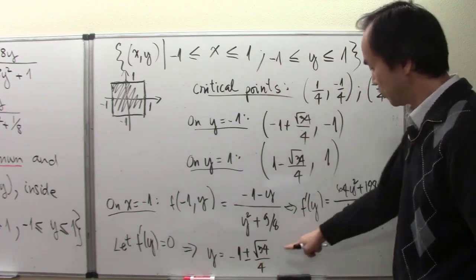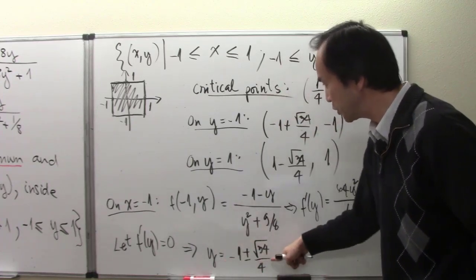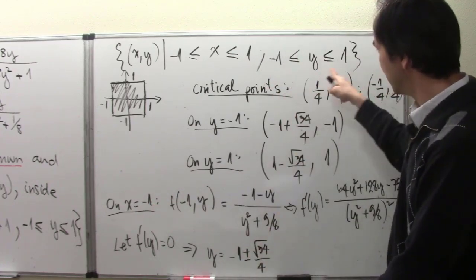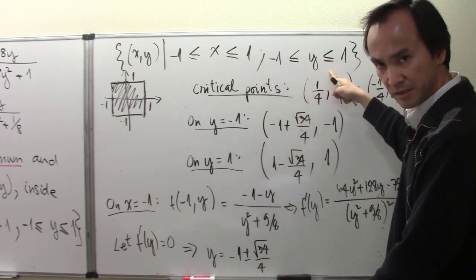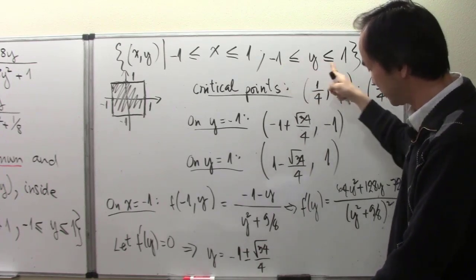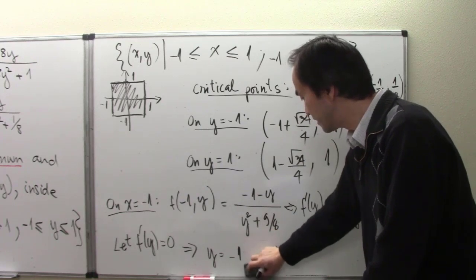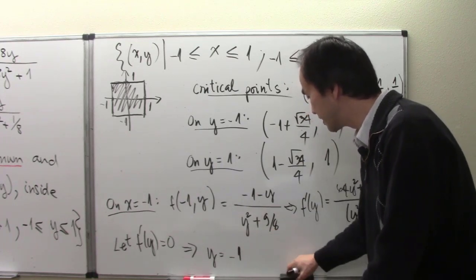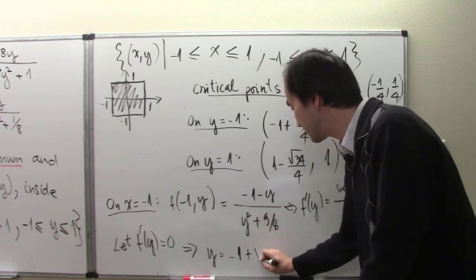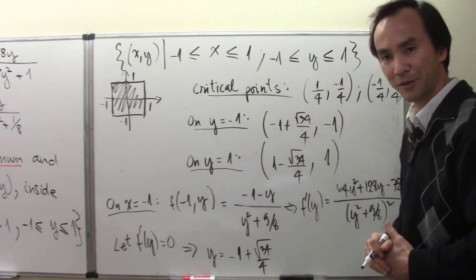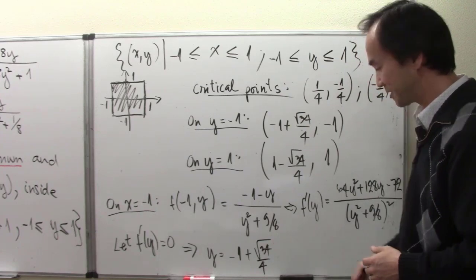But the y value here we found 2, but on this trace right here, the y value is limited anywhere from -1 to 1. That's why the only one that qualifies is -1 plus the square root of 34 over 4. Okay, so now we found another value.